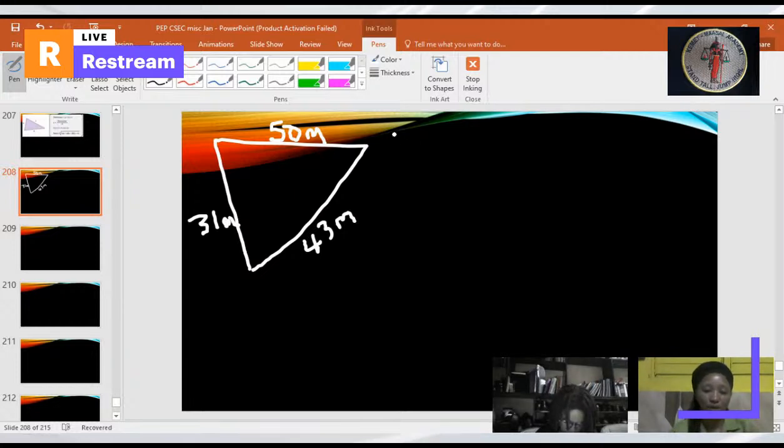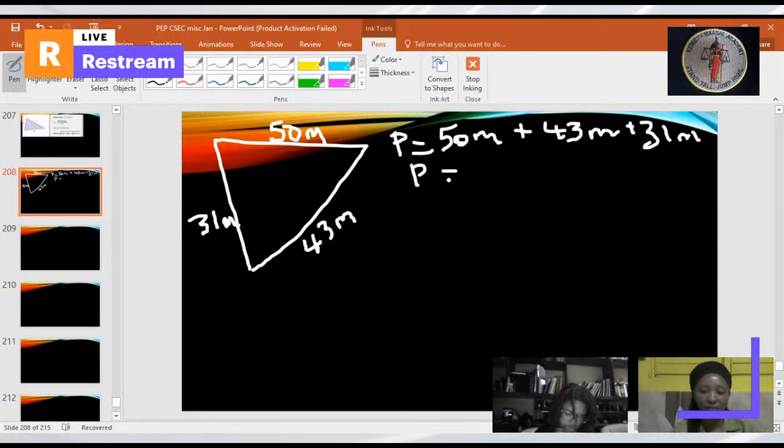So the perimeter is 50 plus 43 plus 31, and that gives 124. 124 what? 124 meters. All right, that's the perimeter.